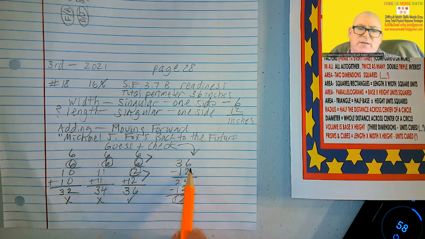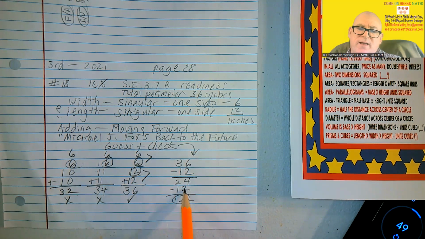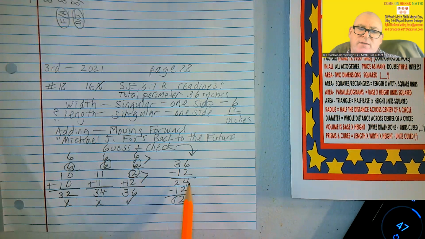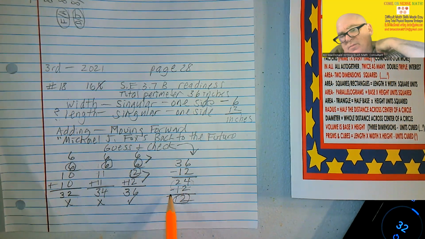So we have our 36, and if we take away one of the 12s, because we want to find out one length only, we'll have a difference, you subtract, of 24. That would be with both lengths. So since we only want one of the lengths, we need to subtract 12 again.